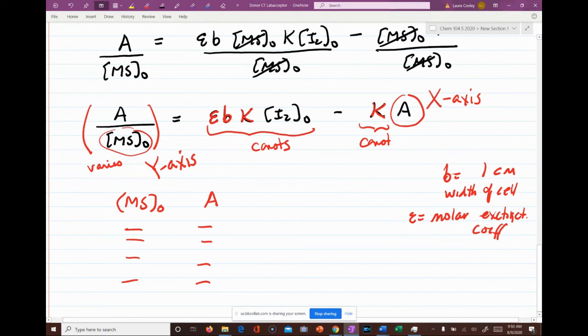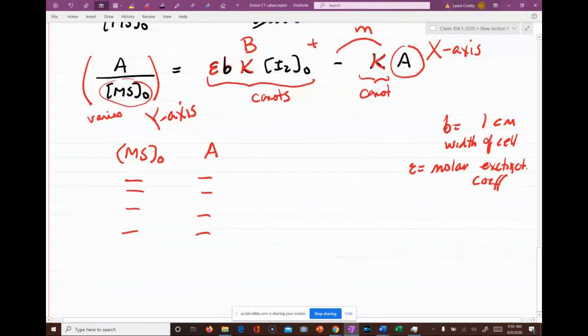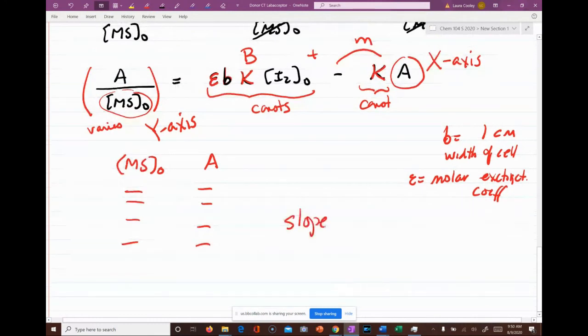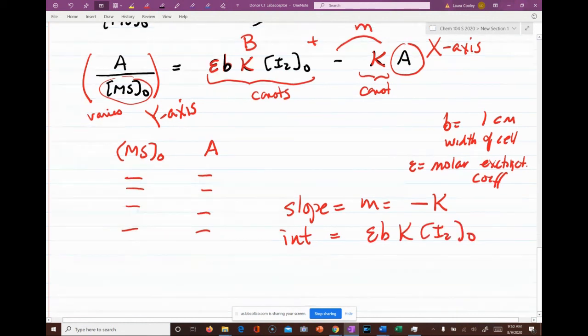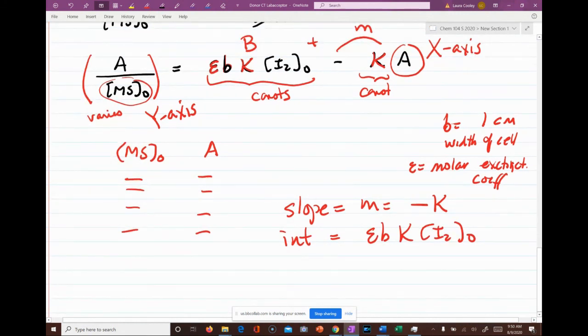Then we would have y equals b plus m x, where the slope m is the negative of the equilibrium constant, and the intercept is a whole bunch of constants. What we have done has a term: we have linearized this KEQ expression.